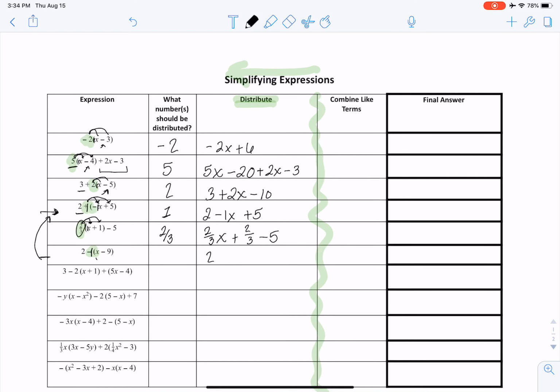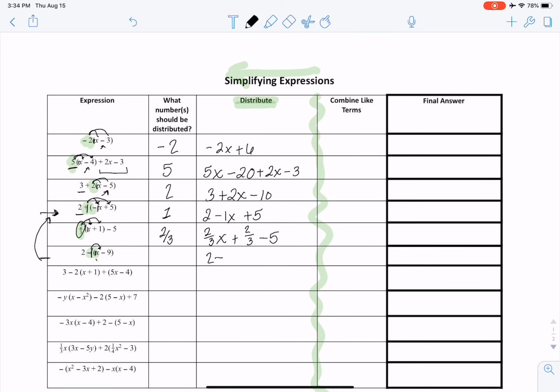So it's really a -1 times a positive 1x. -1 times positive 1 is a -1, keep the x. -1 times -9 is a positive 9. Remember, a negative times a negative is a positive. So the value that we distributed is a -1.